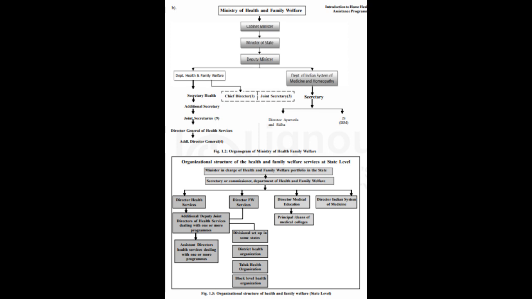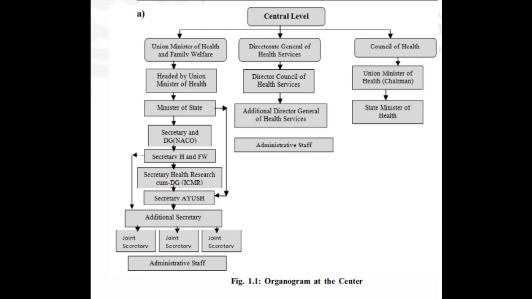Primary health care is the best way to provide health services to the community. The primary health care is provided in India by a network of subcenters, health and wellness centers, and primary health centers. Let us now read these concepts as explained below.